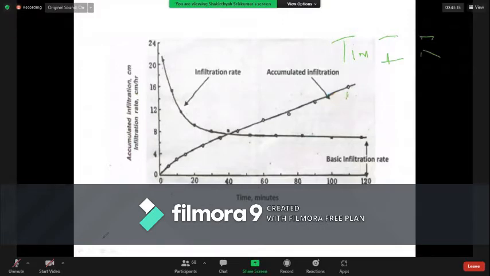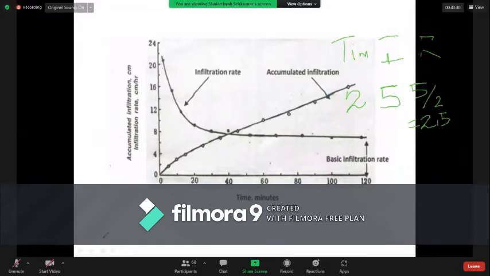So, at 2 seconds, your infiltration is 5 millimeter. So what is the rate of infiltration? Infiltration over time, so 5 over 2. So the infiltration rate is 2.5 millimeter per second.